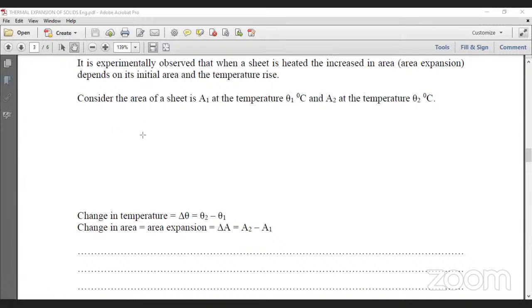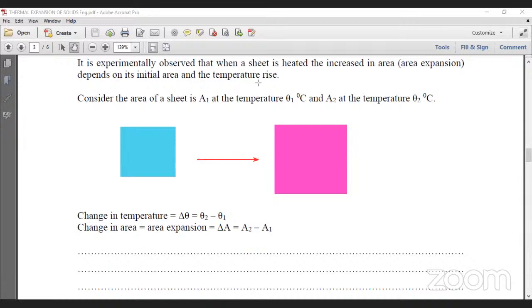I think you have a sheet-like object which has the area A. When I heat it, its temperature increases.